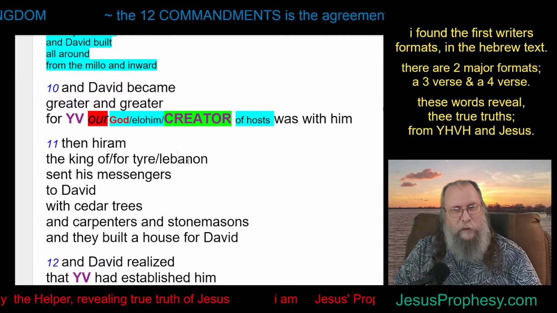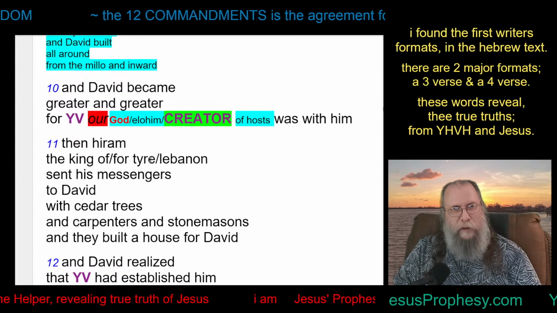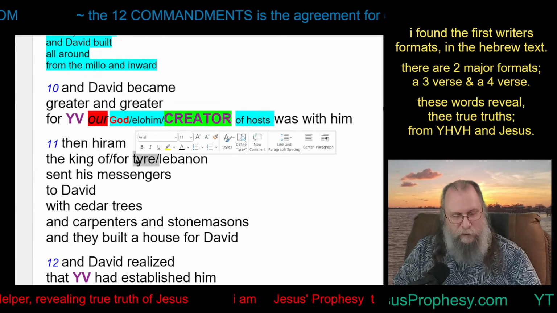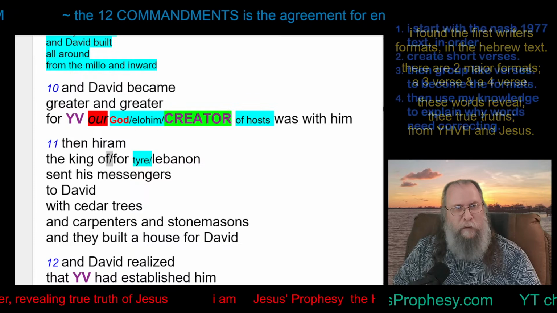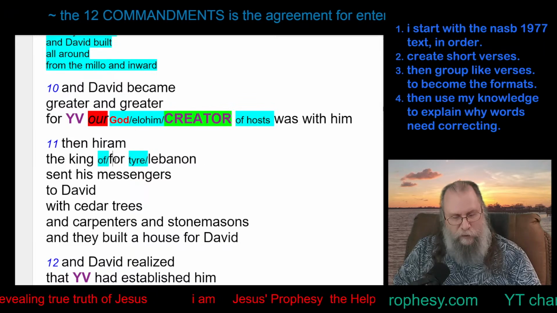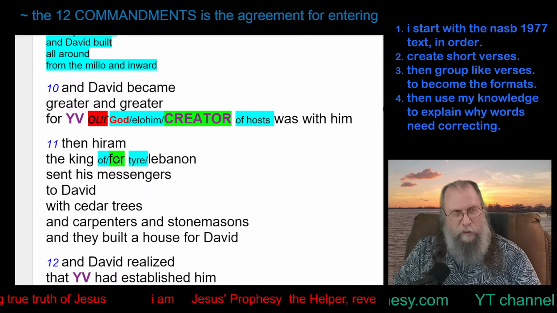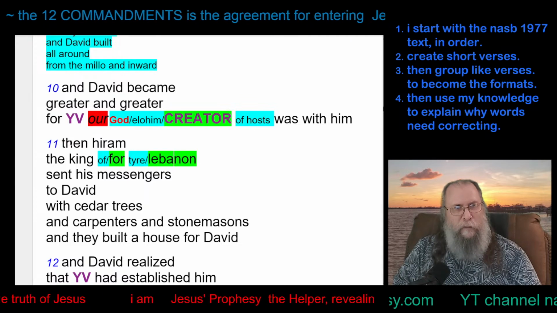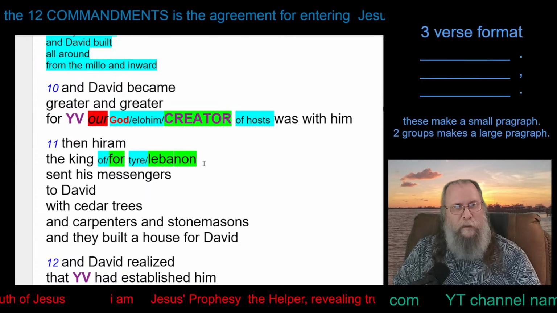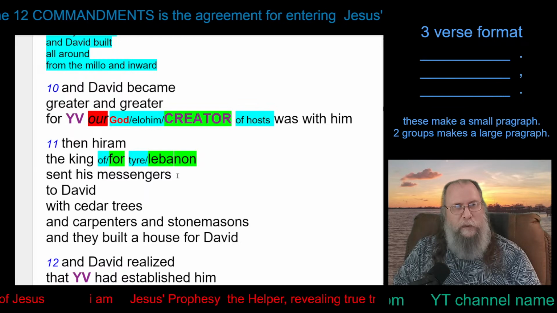Because Lebanon is a kingdom. Tyre is a city in Lebanon, by the way, just for you to know that you got to be a king not just of the city, but of the land. King Hiram sent his messenger.